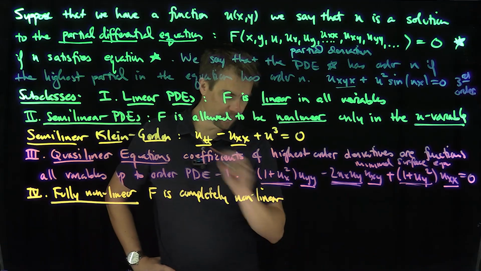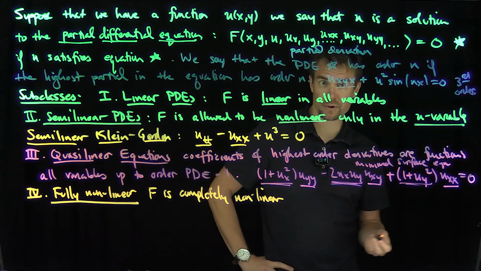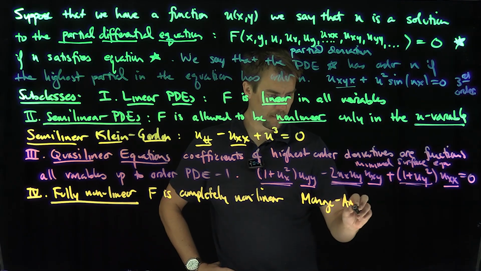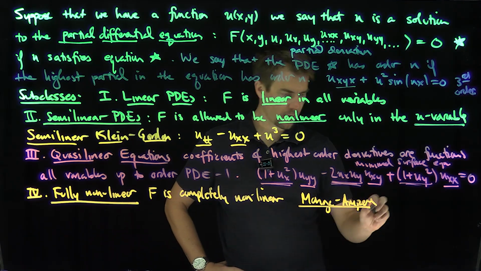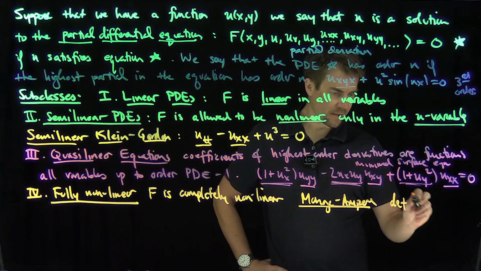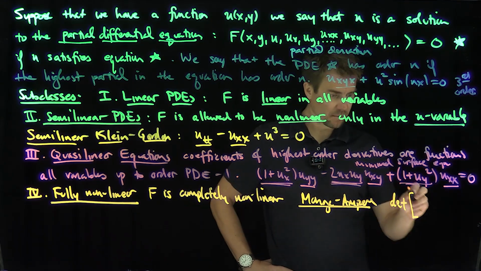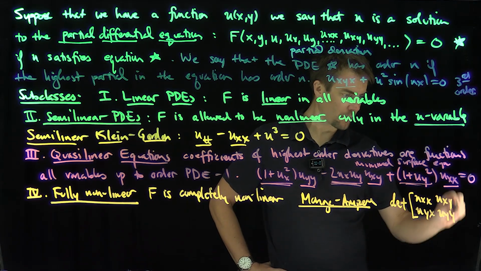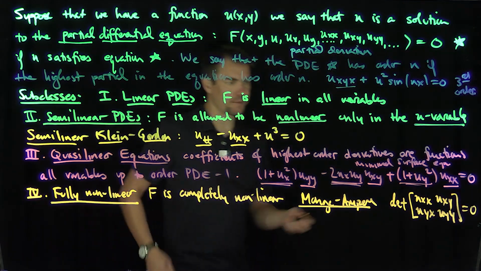And what's a classic example of this? A classic example is the Monge-Ampere equation. Monge-Ampere is the determinant of the Hessian equals 0.